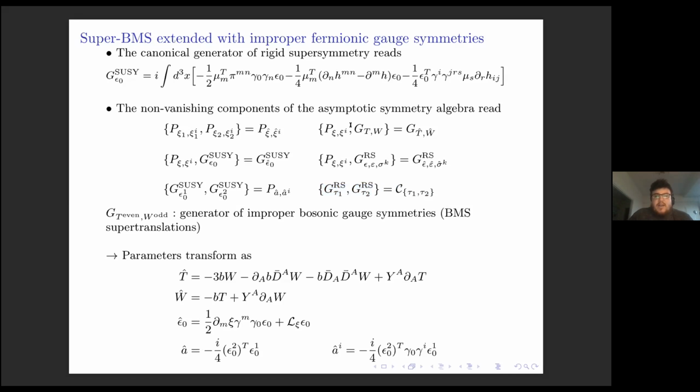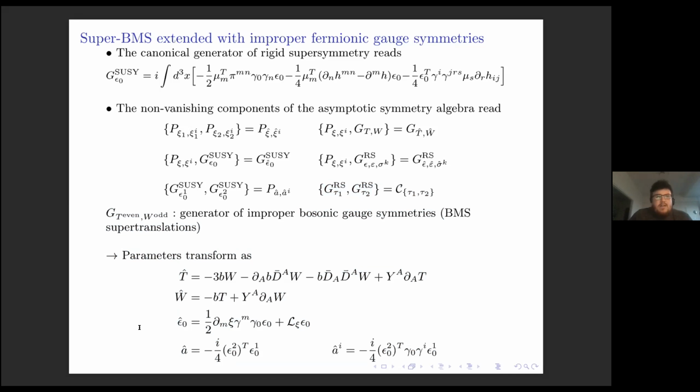And we can point out here that G_T is the generator of improper bosonic gauge symmetries that is related to the BMS supertranslations. These are the transformation laws for the parameters.